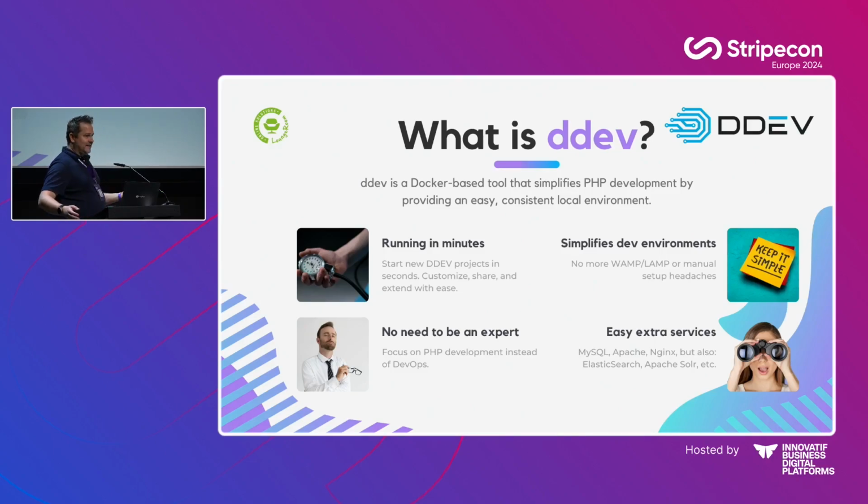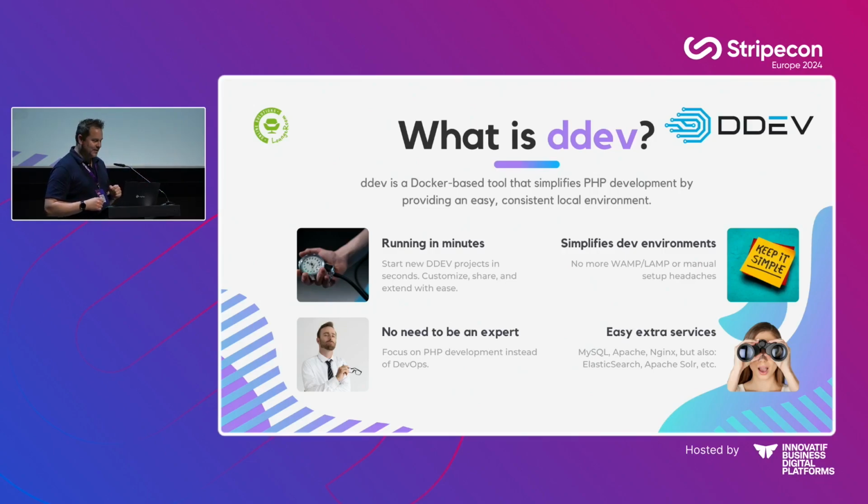Back in the dial-up era, I had this tiny little icon in my Windows from WAMP server. I don't know if you had the struggles of WAMP server before, but DDev is nothing like that. It's your best friend. It handles all the basics: Apache, Nginx, MariaDB, MySQL, you name it, but also extras like Solr, ElasticSearch, and I just found out there's also a Typesense add-on.